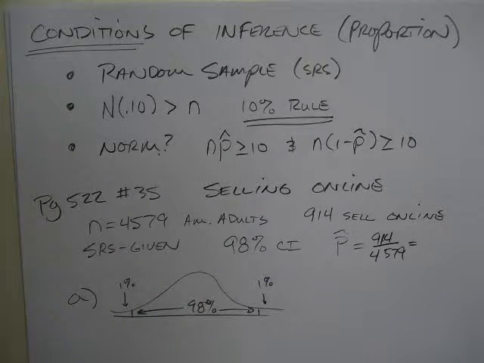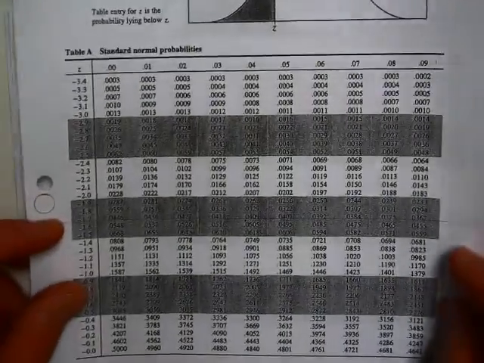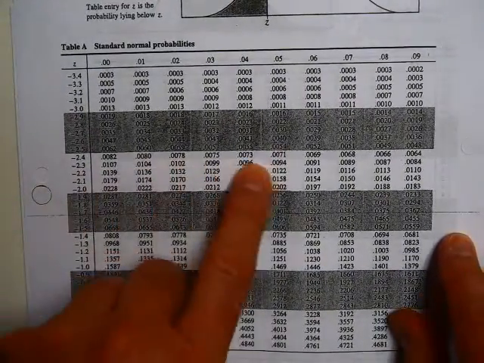So to get the z-star value, I can do one of two things. I can either look on the negative side and find 1%, or I can look on the positive side and find 99%, right? Because I've got the 98 plus the 1 left of that. I think it's easiest to go onto the negative side and look for the 1%, as close as I can get it.